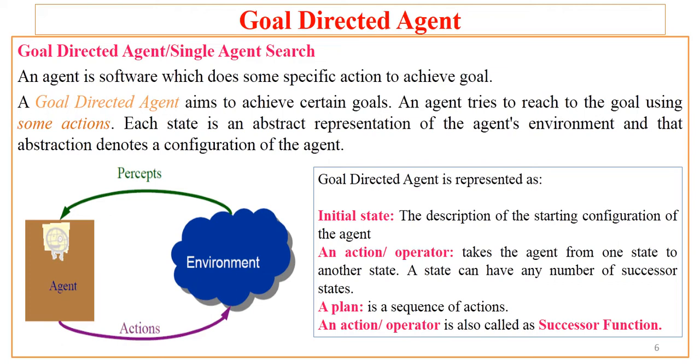That means it can be at the current state and it can reach the successor states, which leads ultimately to the goal state. It has a plan, which is a sequence of actions, and this action or operator is also called a successor function. So whatever action and operator rules are used, those rules are called the successor function.